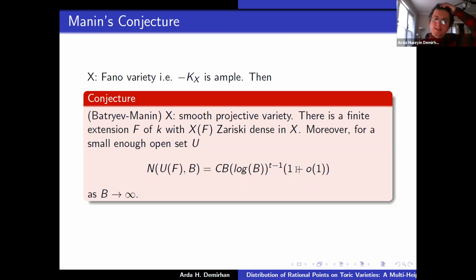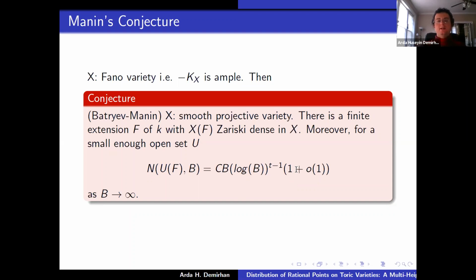I'll be talking about accumulating varieties today a bit. In fact, to state Manin's conjecture, we might have to throw away the accumulating subvarieties to get the corresponding asymptotic formula in the right way.